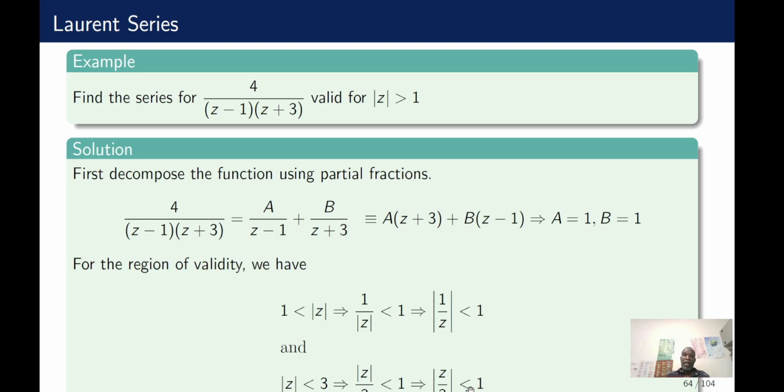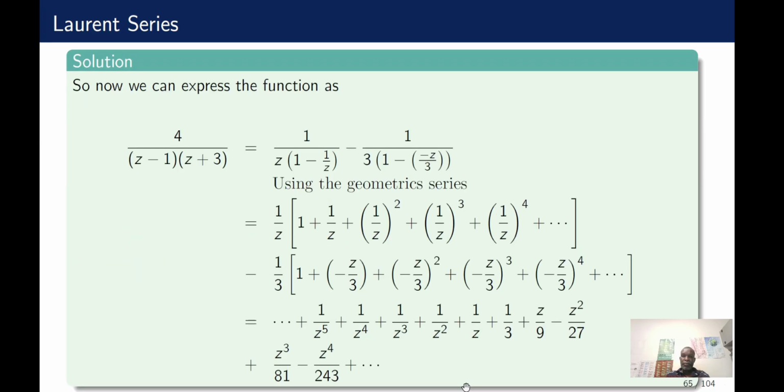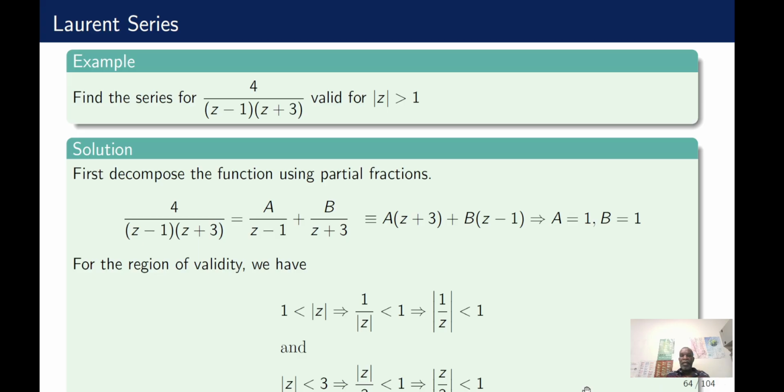For the other one, for modulus of z less than 3, you can divide both sides by 3, and you have z over 3 less than 1, which is also valid. So you use this one for the first series and this one for the second series.